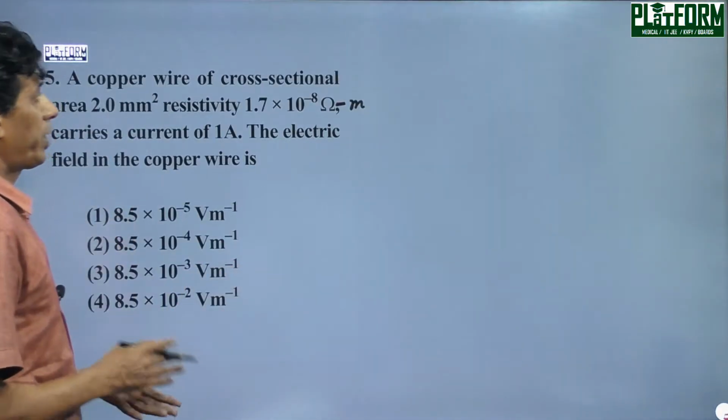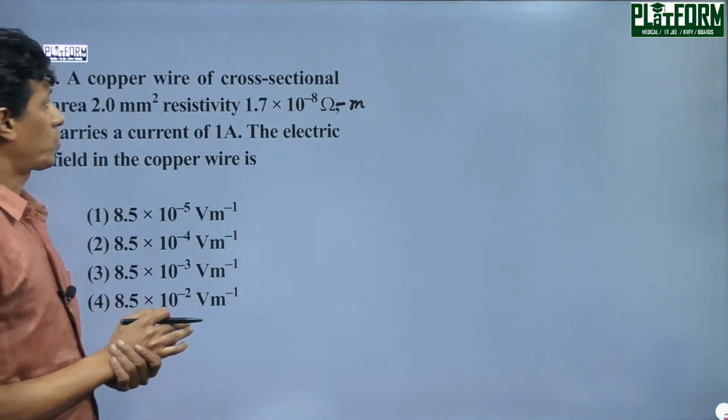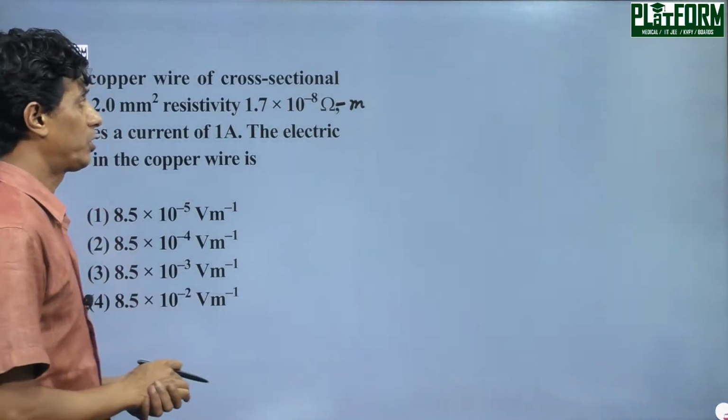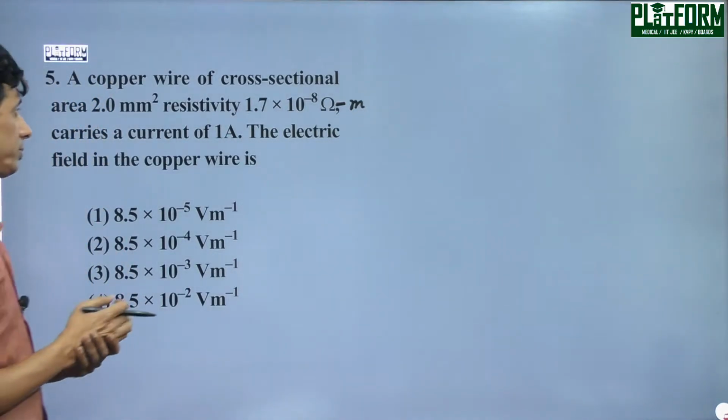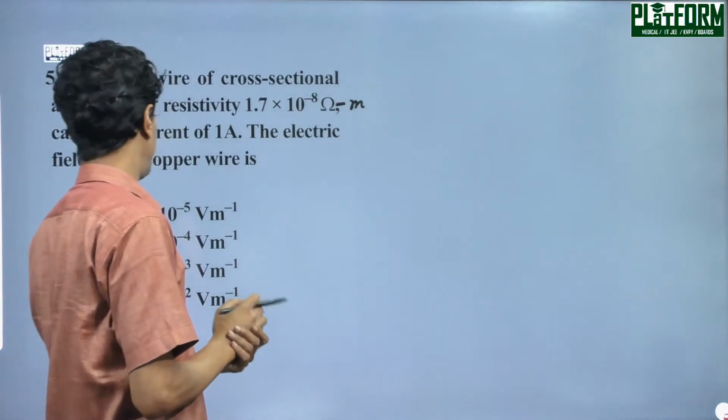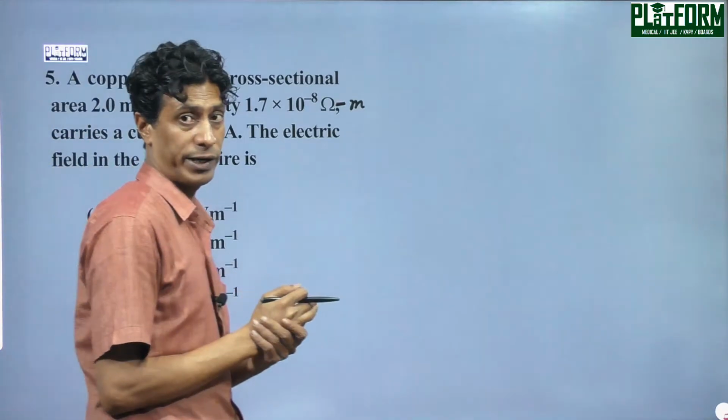A copper wire of cross-sectional area 2 mm square, resistivity 1.7 into 10 to the minus 8 ohm meter, carries a current of 1 ampere. Find the electric field in the copper wire.